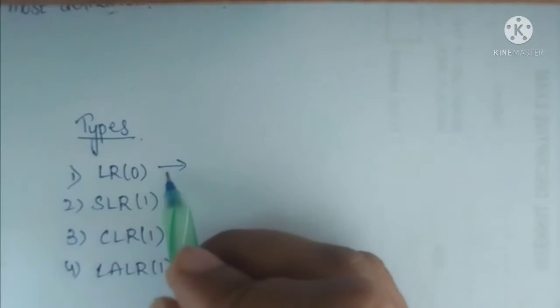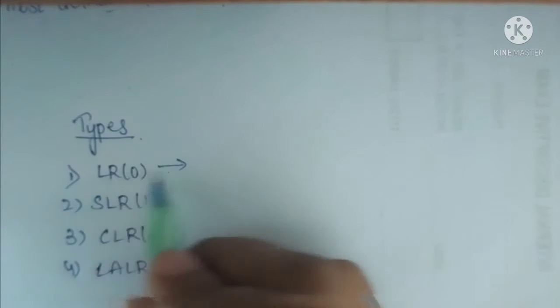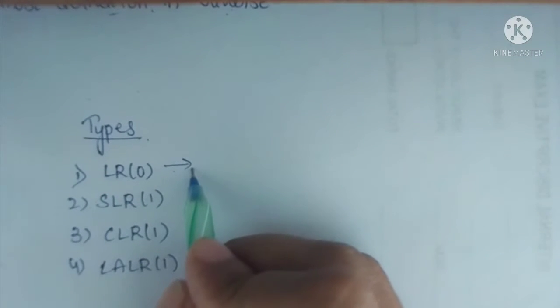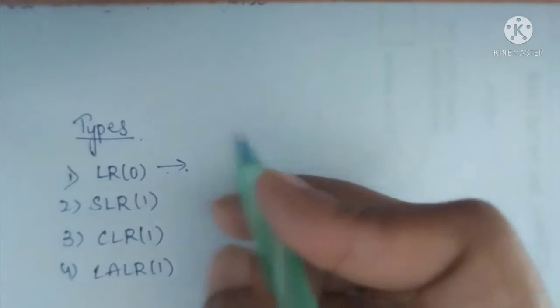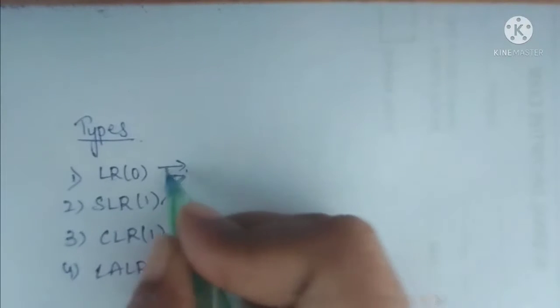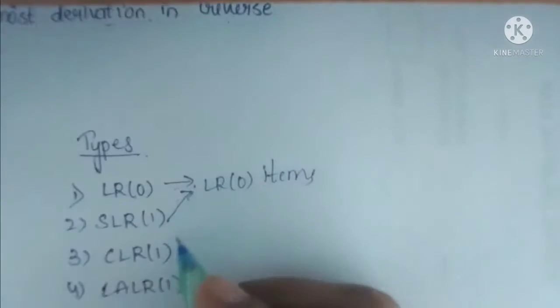We include the LR0 items for LR0 and SLR, and the LR1 items for CLR and LALR.